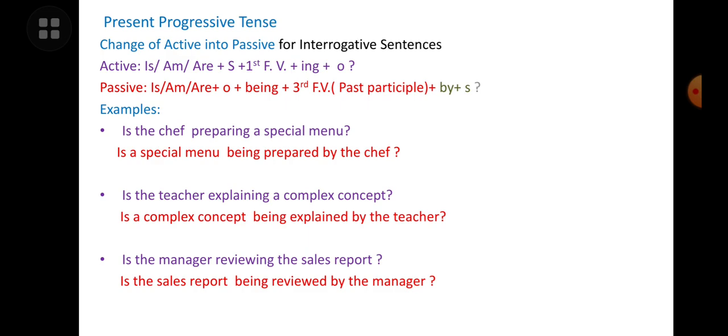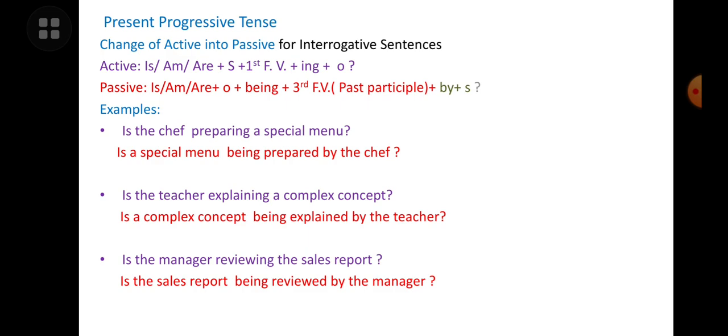And in passive voice, the sentence structure will be is, am, or are, plus object of active voice, plus being, plus third form of verb, plus by, plus subject, and then the sign of interrogation.